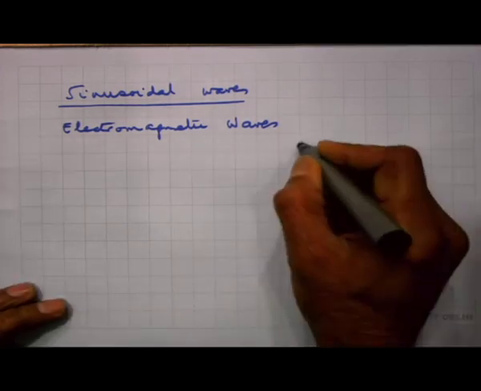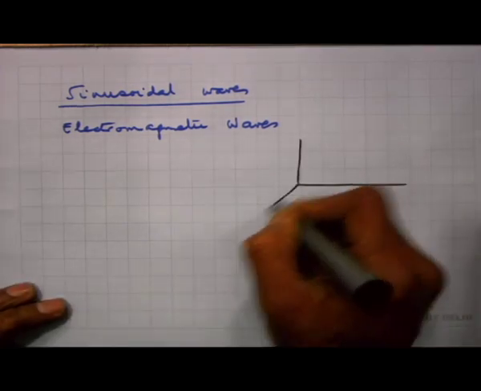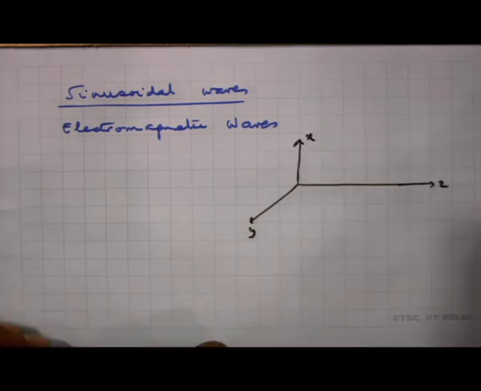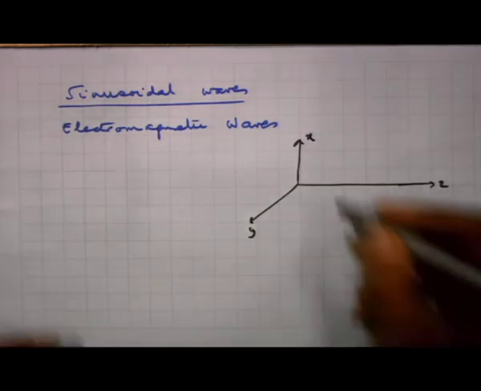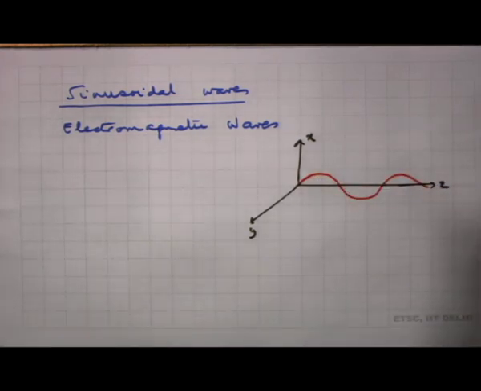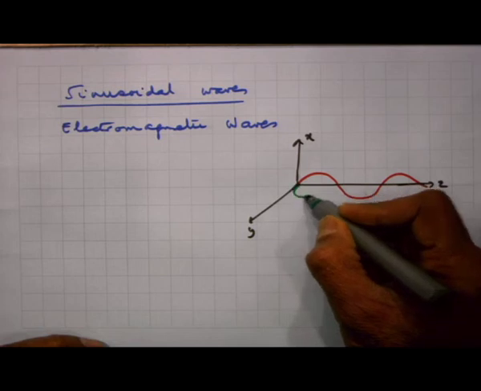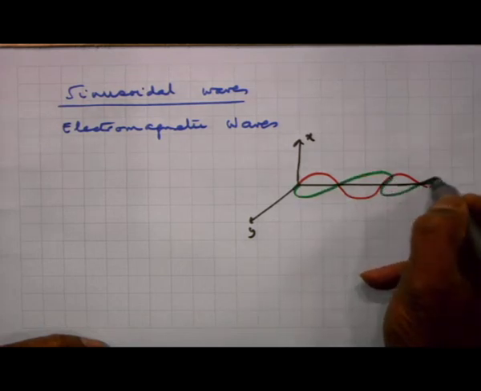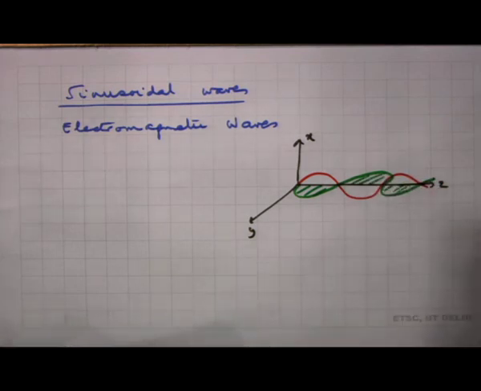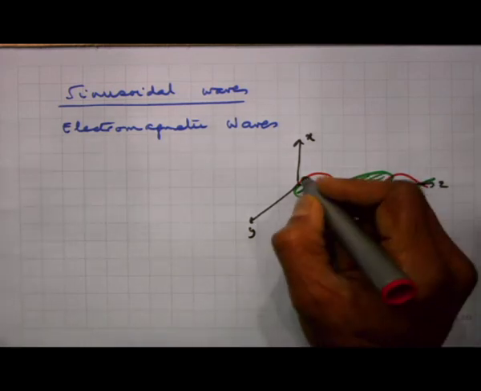So, I had x, y and z. I had drawn the electric field wave like this and the magnetic field wave. The magnetic field is in this plane, the electric field is in this plane.